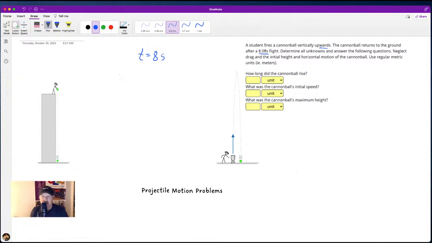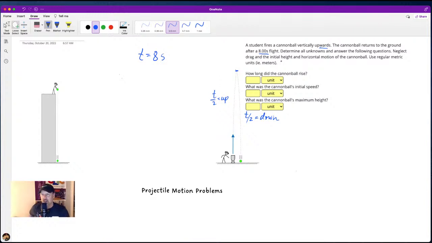Now, FYI, whatever time it takes, if it goes all the way up and all the way down, half of that time is the up. Time over 2 is the down. So it takes 4 seconds to get to here.